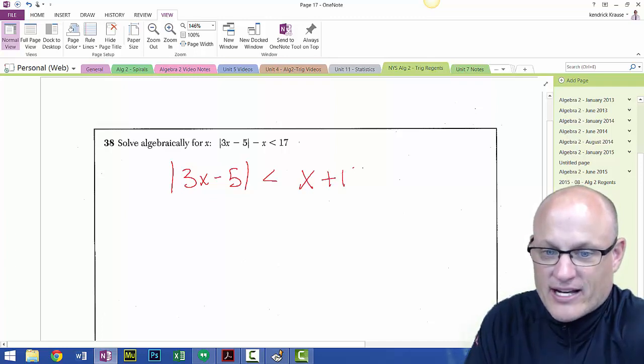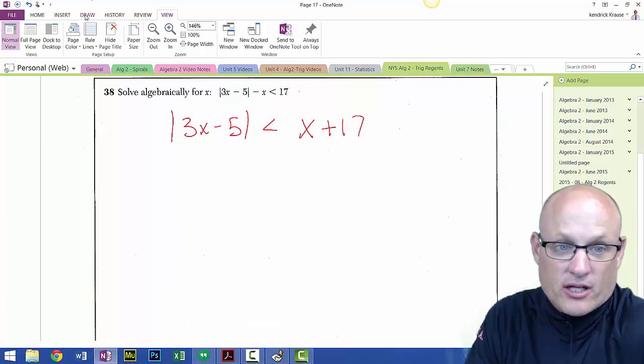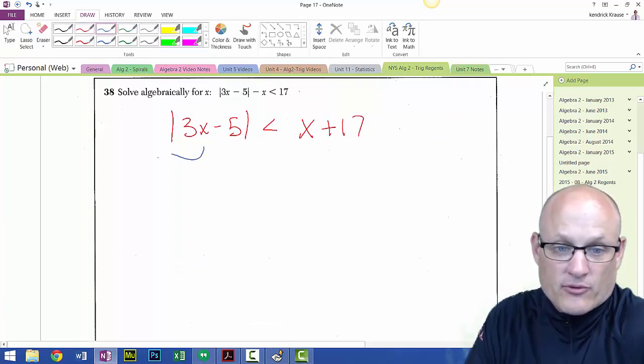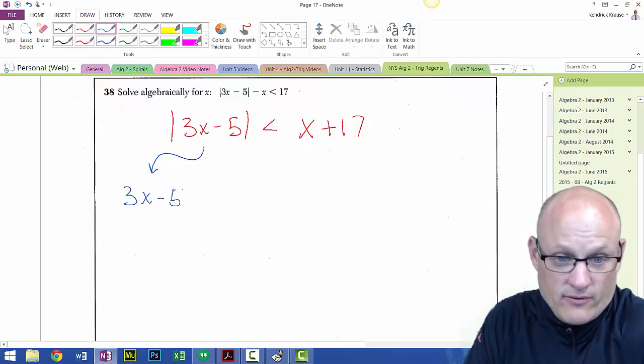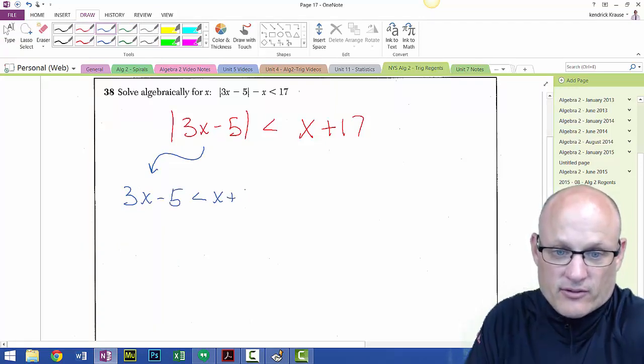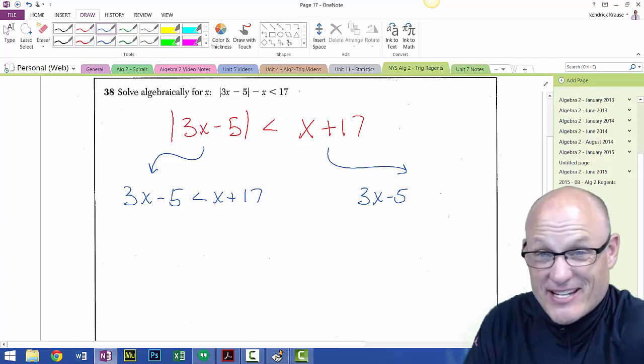Absolute value of 3x minus 5 is less than x plus 17. You've got to get the weird thing alone. After you get the absolute value alone, you want to split it up into two problems. The original, 3x minus 5 is less than x plus 17. And then the other one: it's 3x minus 5, everything else gets negated.